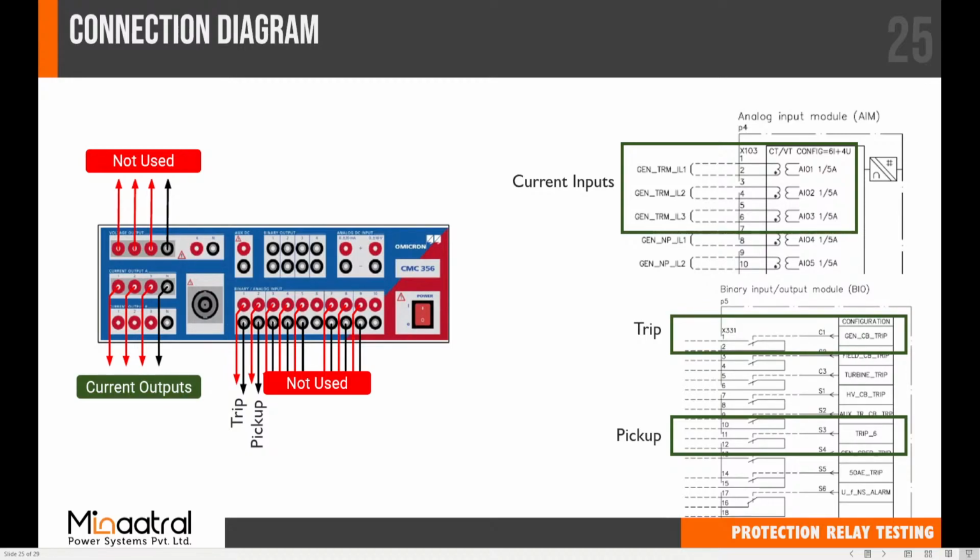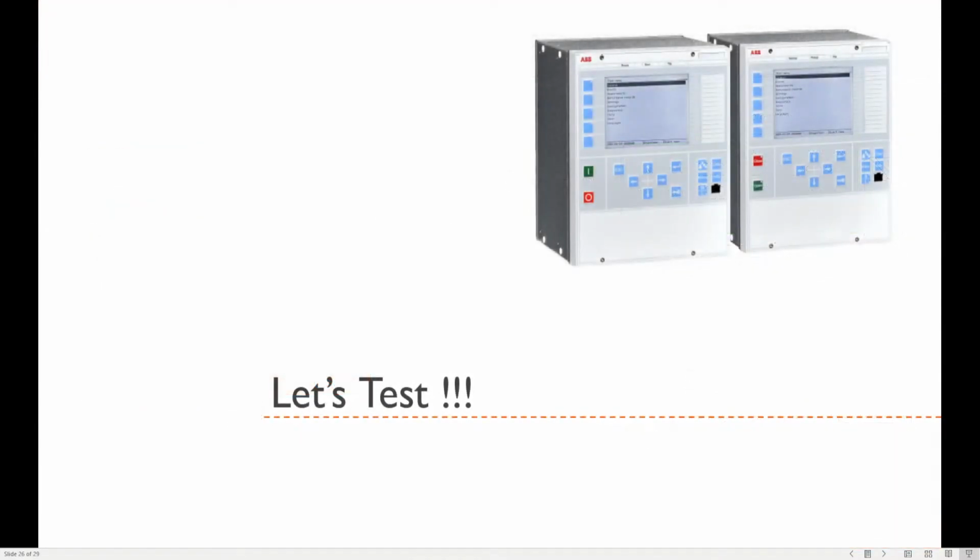Before doing any of this, we need to understand, like we already mentioned, how the relay behavior is supposed to be. What should be the expected pickup, what should be the expected trip time, and how we are actually going to test, what test points we are going to select. Everything needs to be decided beforehand before we actually start the testing, right?